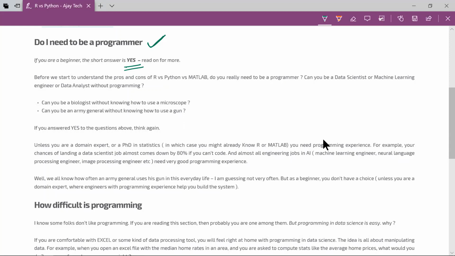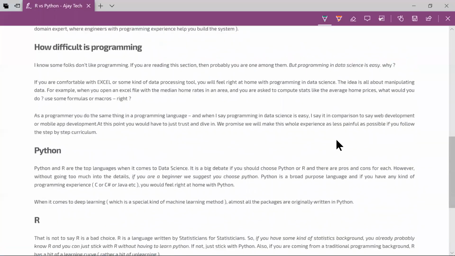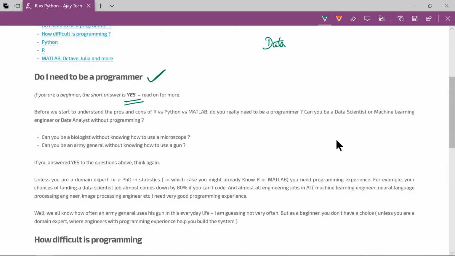It's not like learning Java programming or HTML programming. There's a whole bunch of coding that is required. But in data science, there is a funny thing that goes on, because data science or machine learning are not programming heavy.